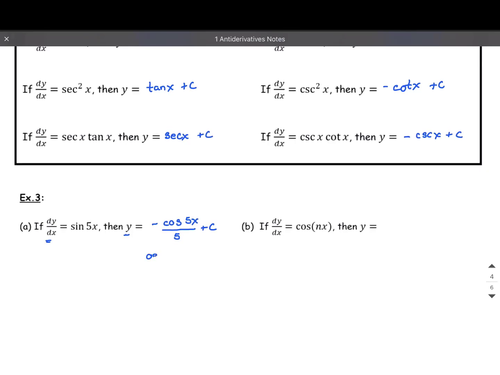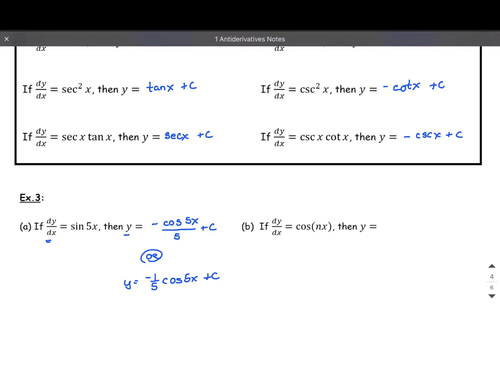Now, that answer's okay, or a lot of people will prefer to write it as negative 1/5 times cosine 5x plus c. They're both the same. I'm perfectly happy. Now, think about what we just did with dy dx equals sine 5x. Now we have dy dx equals cosine nx.